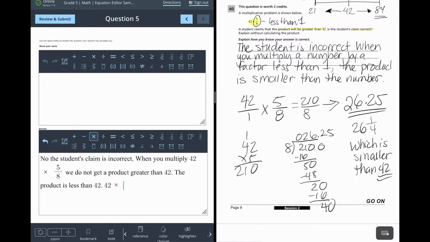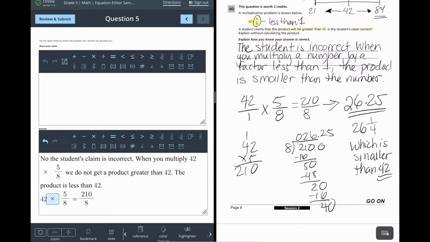42, and let's actually make some space here. 42 times, and I have to keep looking for where these buttons are, 5/8 is equal to, and notice I need to put this as a fraction again, so let's do that because we did this already. 210/8.